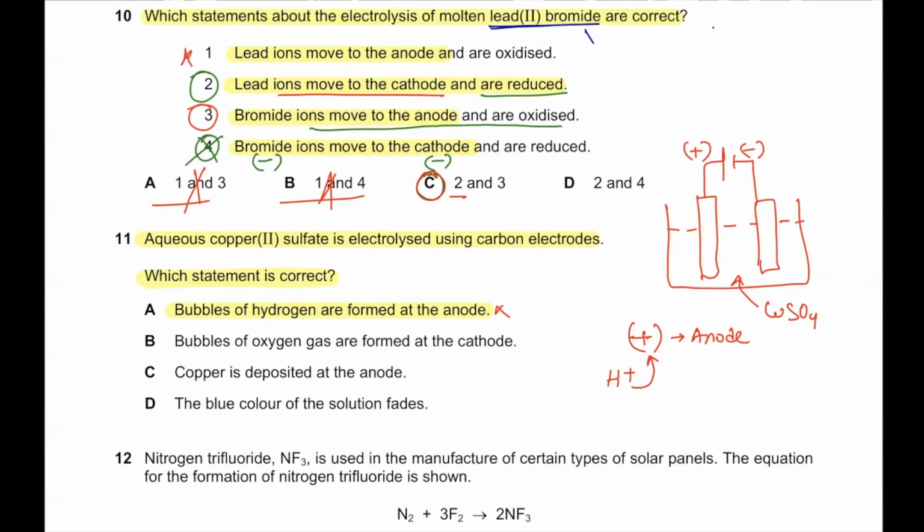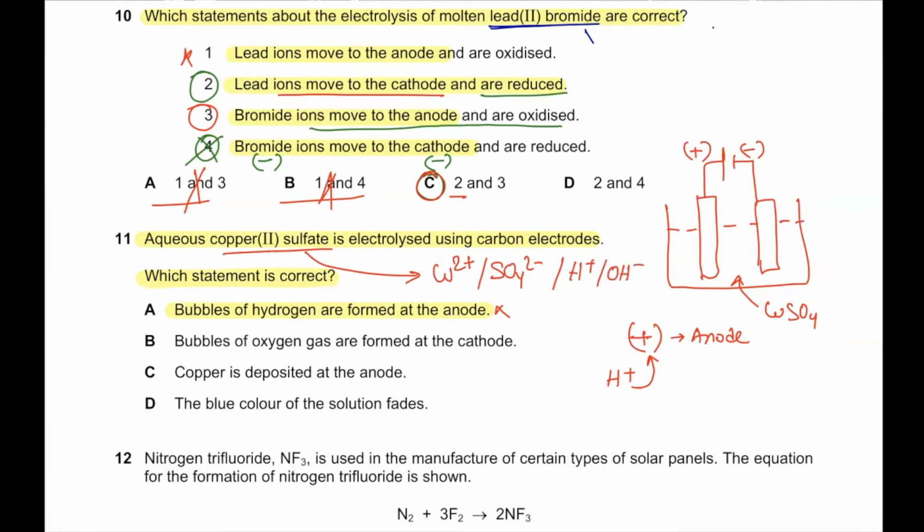Now, on that regard, in this copper sulfate solution, the ions present from the copper sulfate are copper 2+ and sulfate SO4 2-. Since it is aqueous, we also have H+ and OH-.